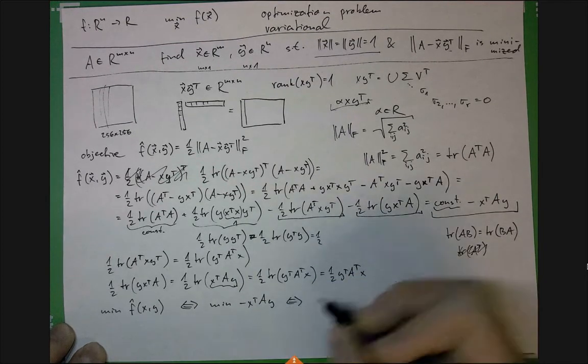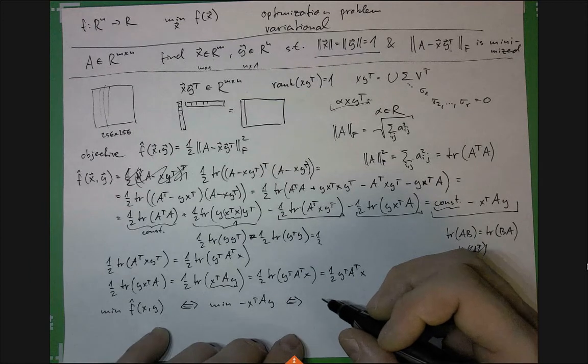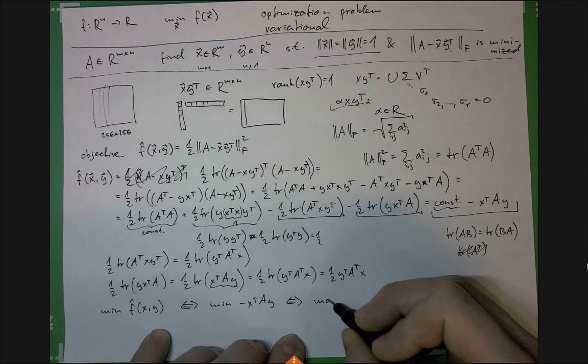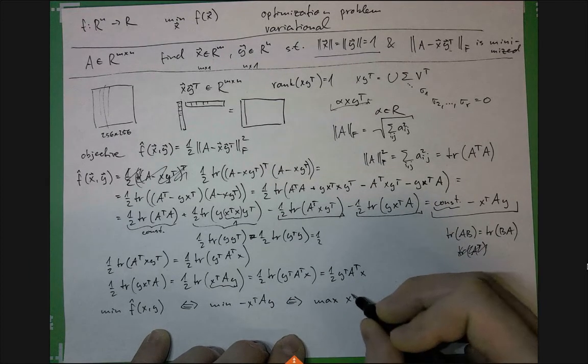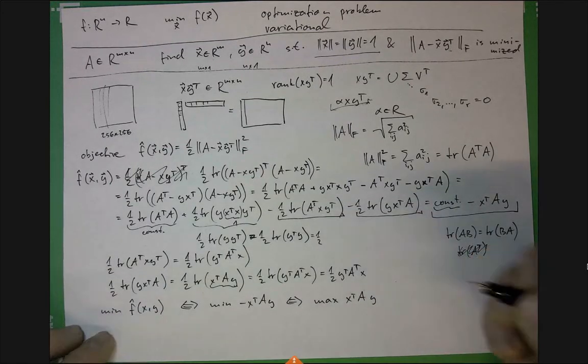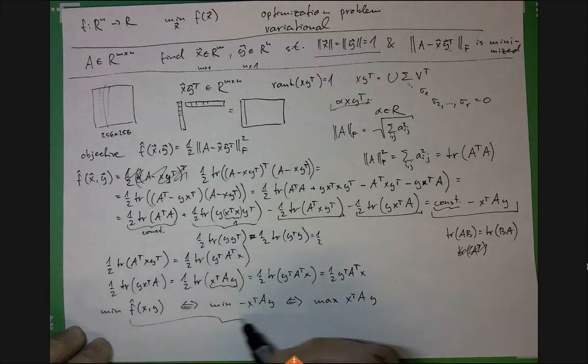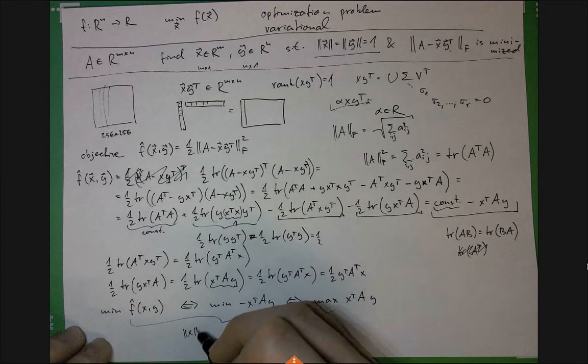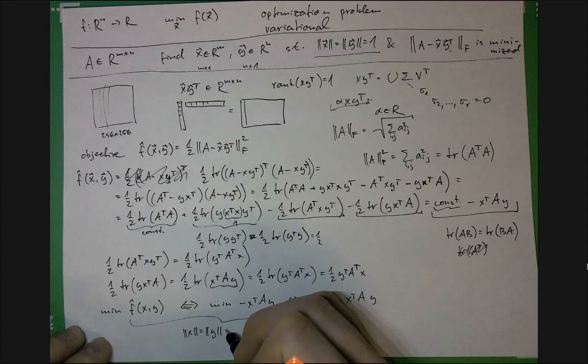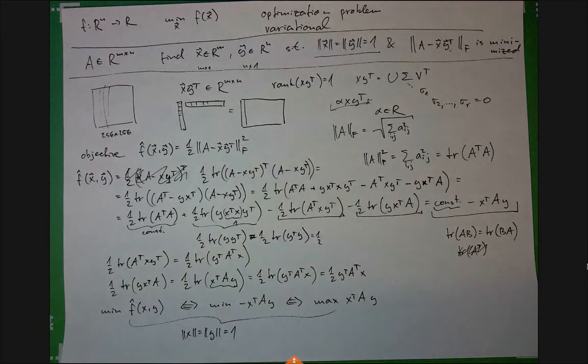Which is equivalent to maximizing xtay, right? And they are all subject, of course, to the same constraints on x and y, right? Because minimizing minus something is the same as maximizing.